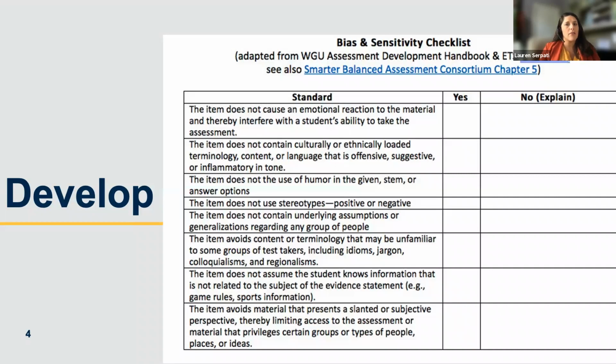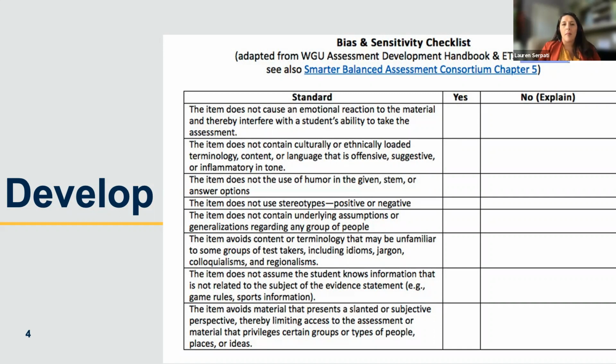That we want to be really careful of, designing universal design for instruction assessment. We need this to be accessible to all students, and some students who come from different backgrounds may not understand the humor in certain items. You know, use of stereotypes is another one that we want to screen out for.